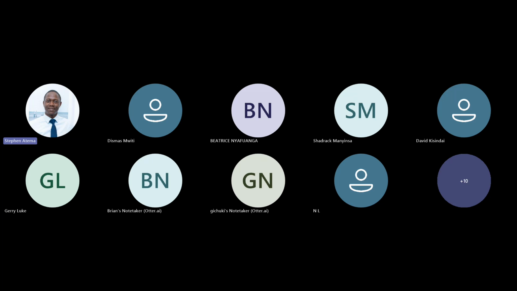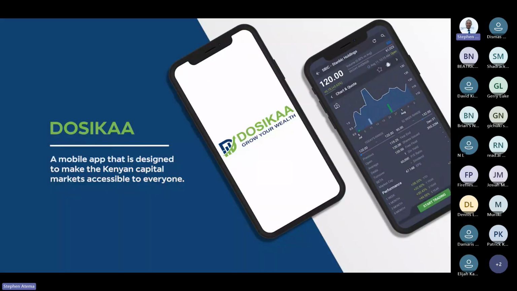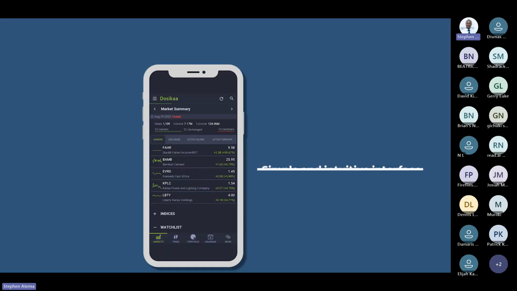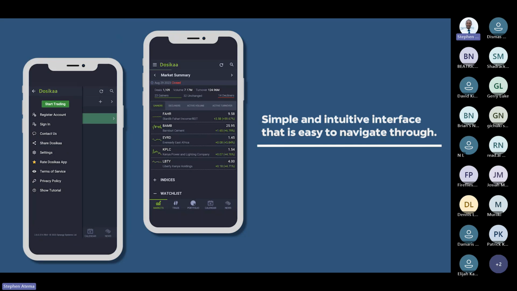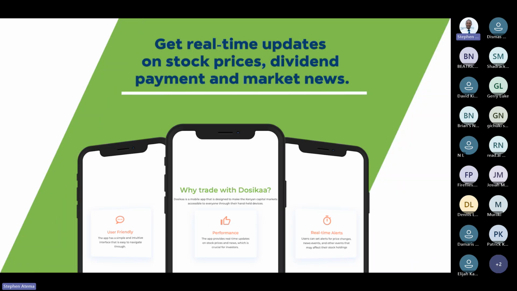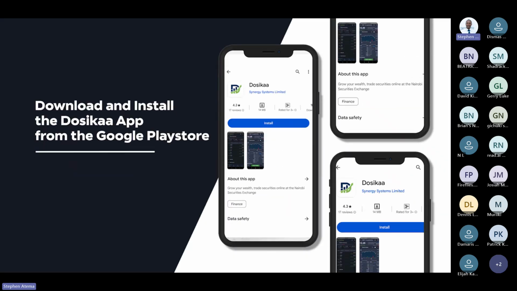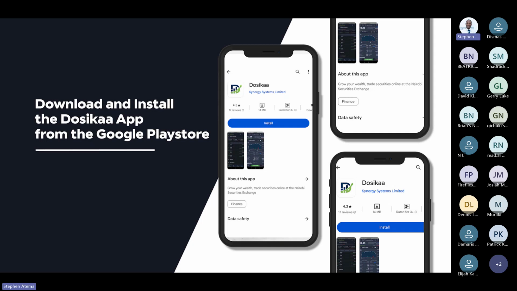Are you looking to start investing in the Kenyan stock market? We have just the solution for you. Introducing Dosika, a mobile app that is designed to make the Kenyan capital markets accessible to everyone with a simple-to-use interface. The app provides real-time updates on stock prices and news, which is crucial for investors. Here's how to sign up. Download and install the Dosika app from the Google Play Store.